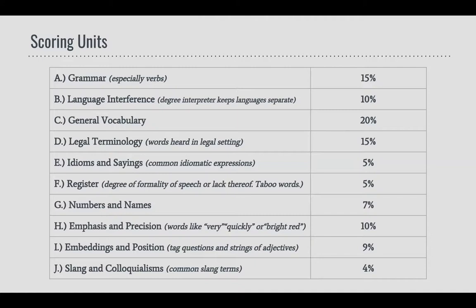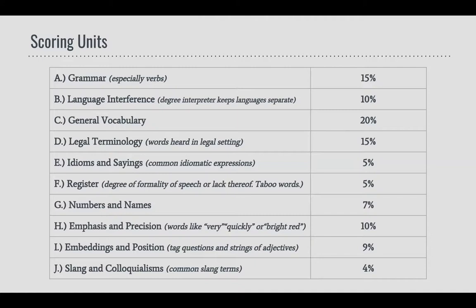It is read at about 120 words per minute. That's the pace. And it's about, I think, 800 to 875 words long, something along those lines. And 75 of those words are scoring units.